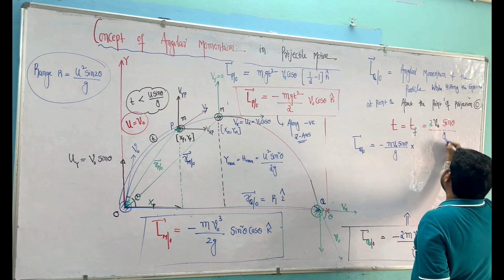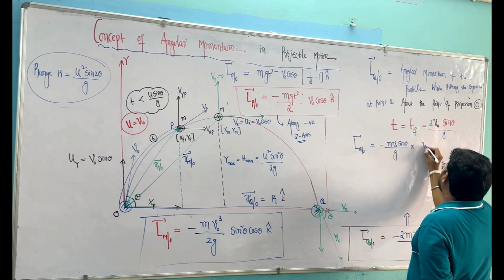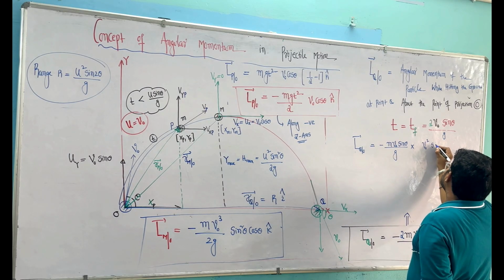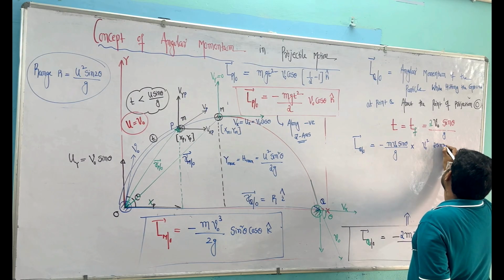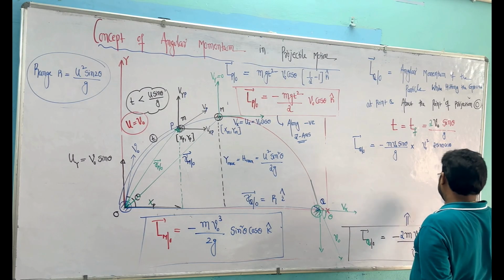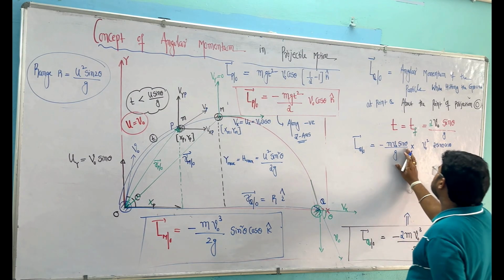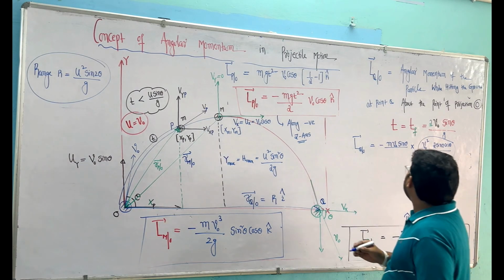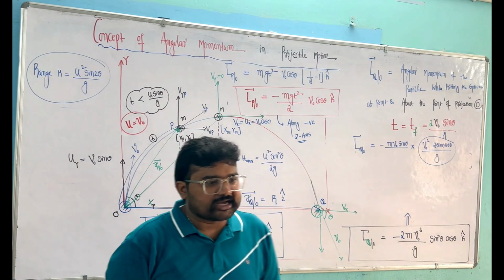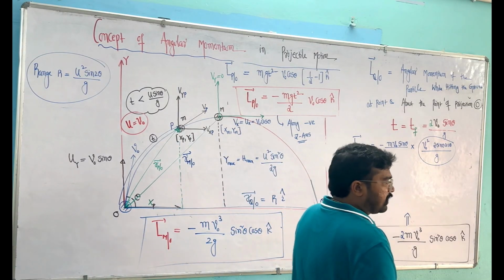V naught square into 2 times of sin theta cos theta by g. Are you following?